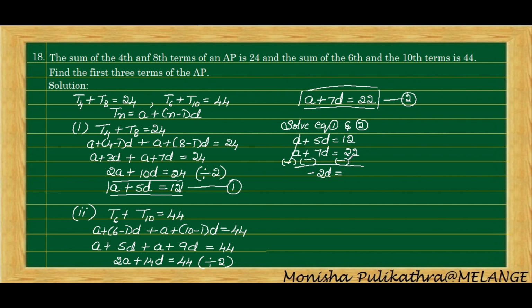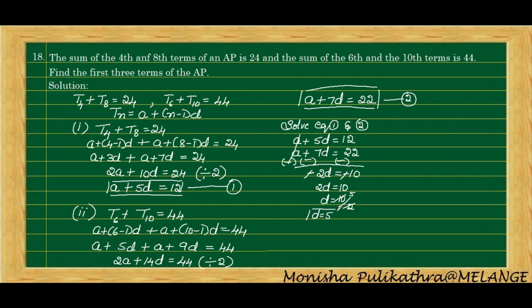Next one is plus into minus, minus. 22 minus 12 is 10. The larger number is 22 and it is signified by the minus sign, so we need to put minus here. Next, minus and minus cancel each other. The remaining is 2D is equal to 10. Then D is equal to 10 divided by 2. 2 5s are 10. So D is equal to 5.